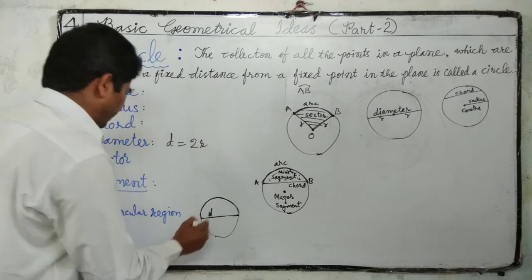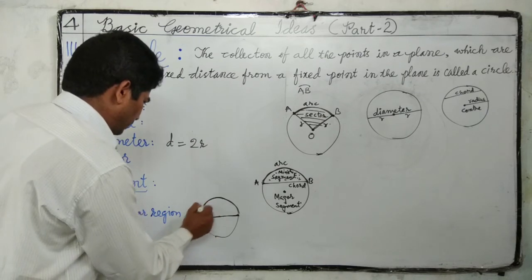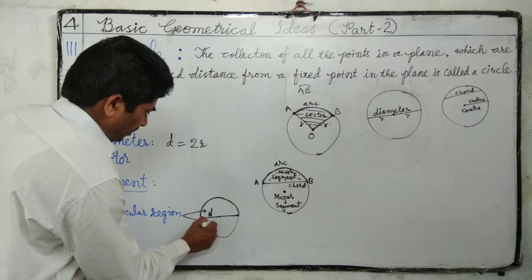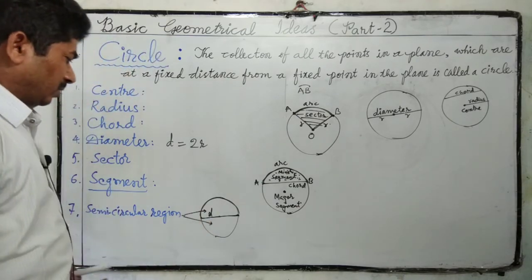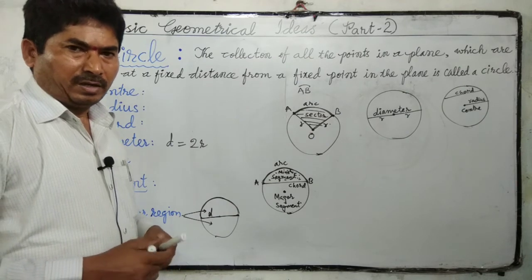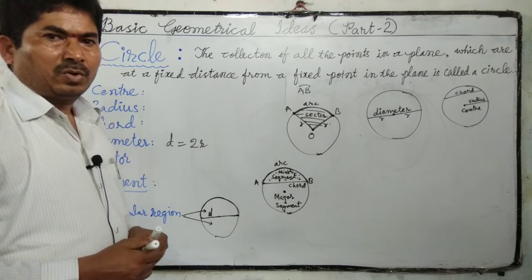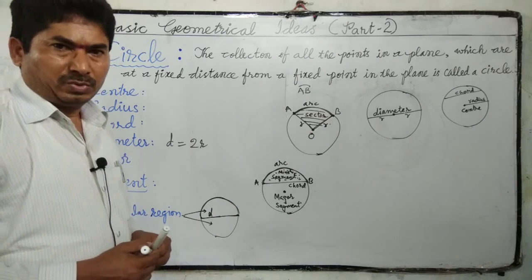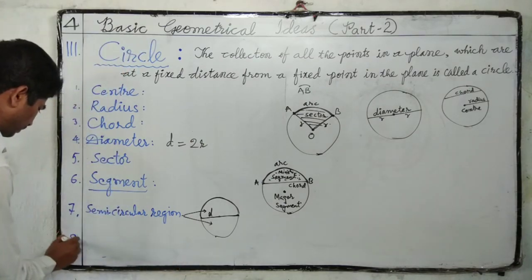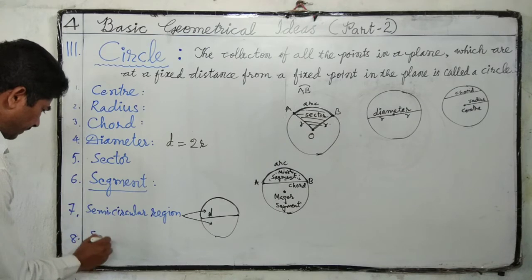There are 2 semicircular regions. This is called semicircular region. This also called semicircular region. A diameter divides a circle into 2 semicircles.